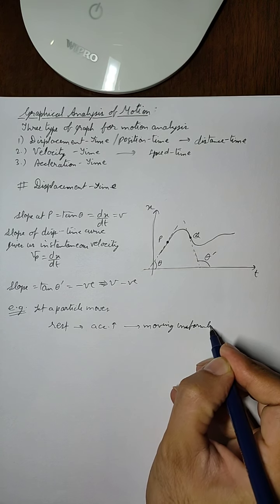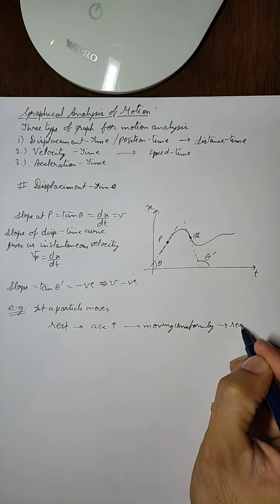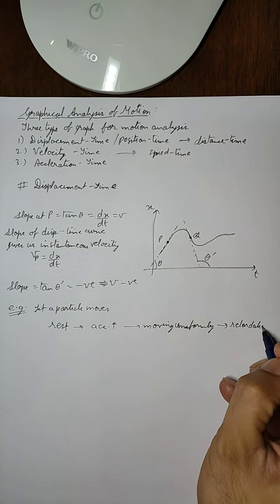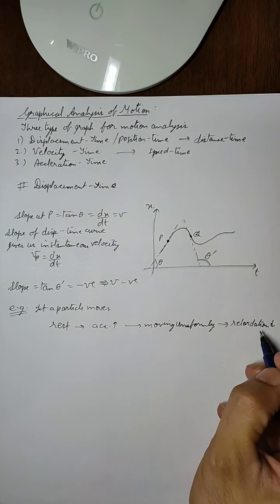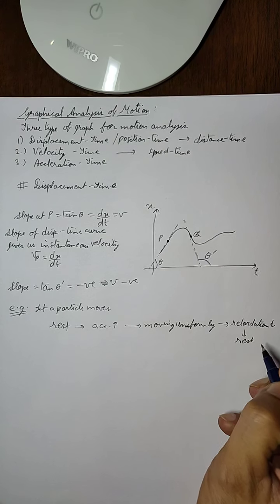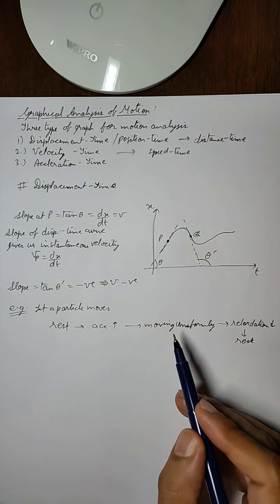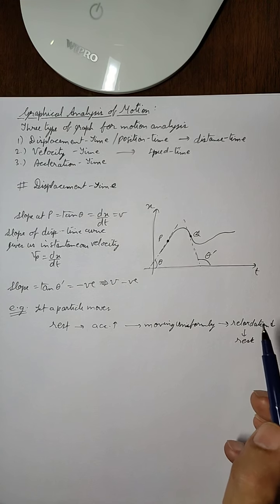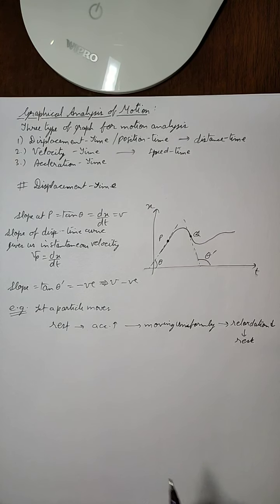Uniformly means without acceleration. It is moving at constant velocity. Then there is retardation, that is, the acceleration will decrease, and finally it comes to rest again. So the particle is starting from rest, then its velocity is increasing, then it is moving with uniform velocity, then the velocity is decreasing, and finally the particle comes to rest.